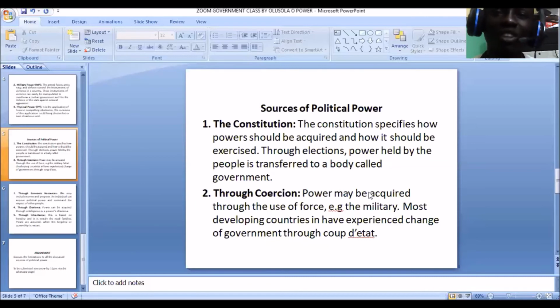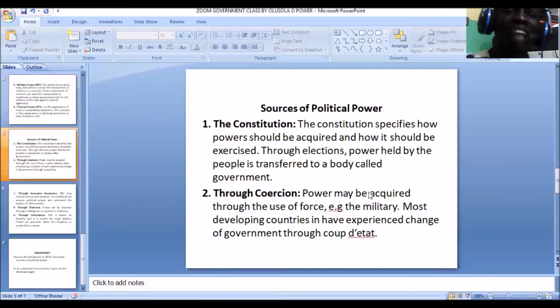That was what happened to Shonekan before Abacha took over as head of state. Abacha went to Shonekan and pointed a gun at him and said, "Look, your life or power." And he said, "No, my life." He said, "Right." And the man wrote that he resigned willingly and handed over to Abacha. That's how Abacha became head of state.